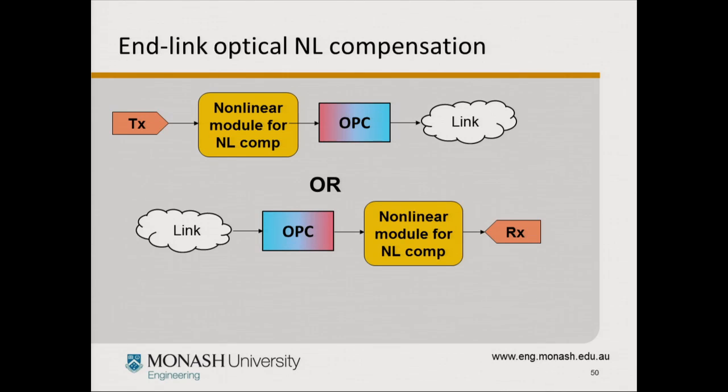Now, because you've no longer got the second half of the link to mitigate the effects of the first half, you're going to have to artificially create some nonlinear module that creates both some chromatic dispersion and some fiber nonlinearity that will compensate, or at least partially compensate, for the link that you're going to go into.